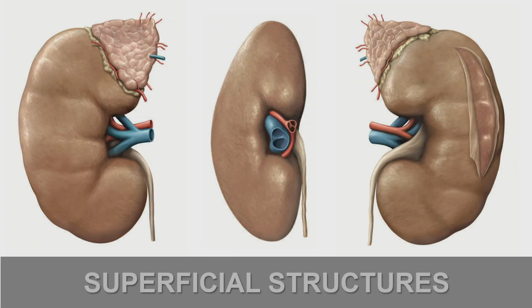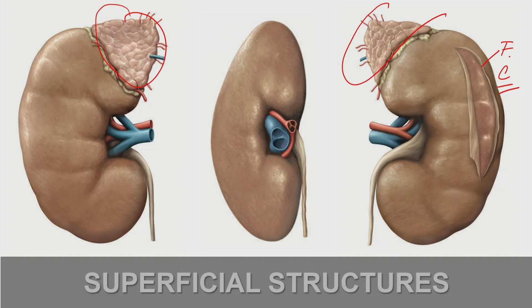The kidney itself is covered by the fibrous capsule, which can be separated from the renal parenchyma. The kidney has a bean-like shape. On the upper pole, medially, is the adrenal gland, which is separated by very thin fibrous and lipid tissue.